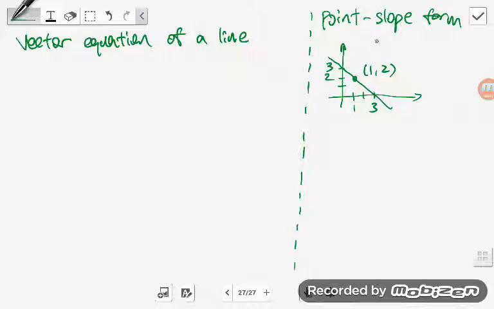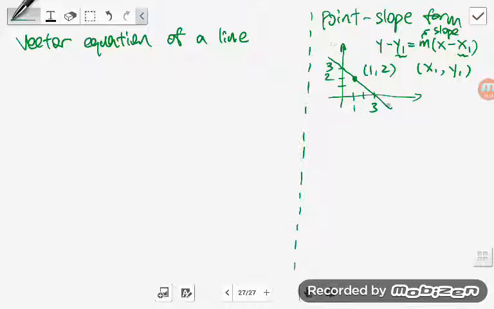That equation says that I can figure out the equation of a straight line by this formula: y minus y1 is equal to m multiplied by x minus x1, where x1 and y1 are just any point on the line, and m is the slope of the line. Let's try an example for that.